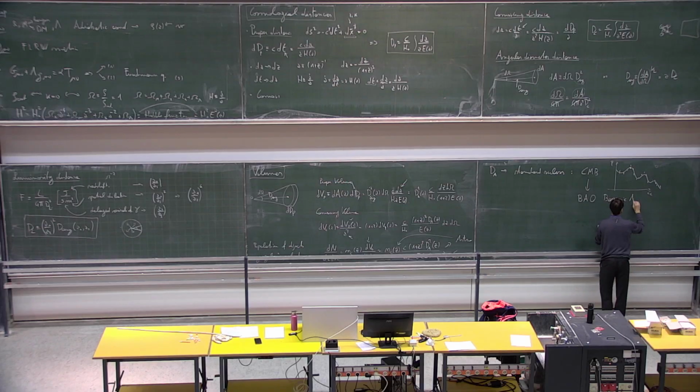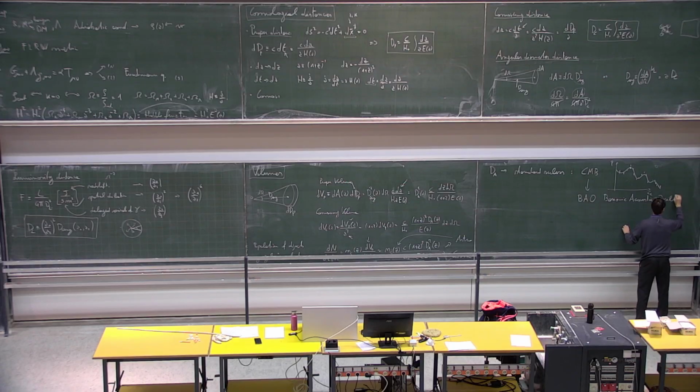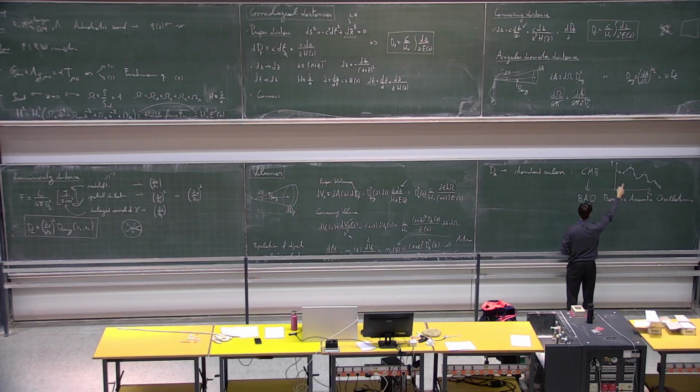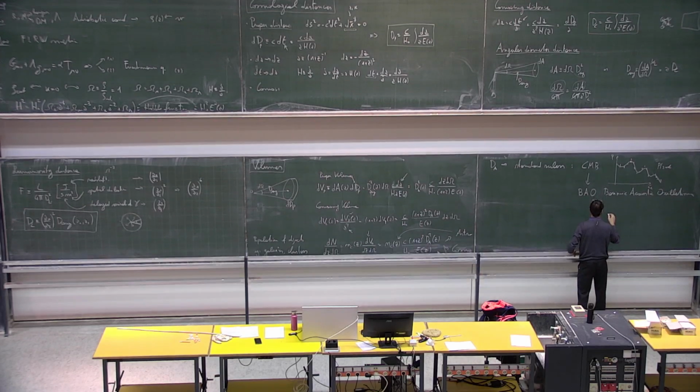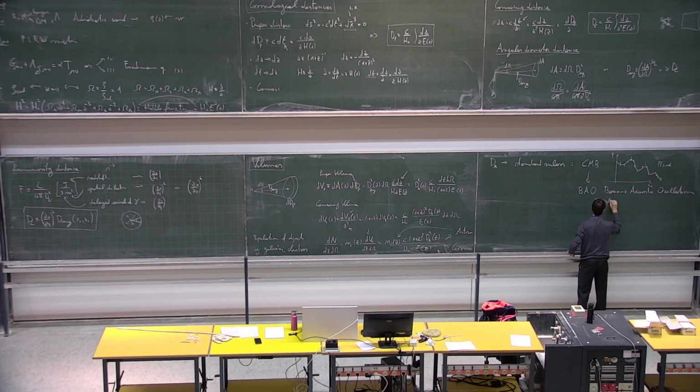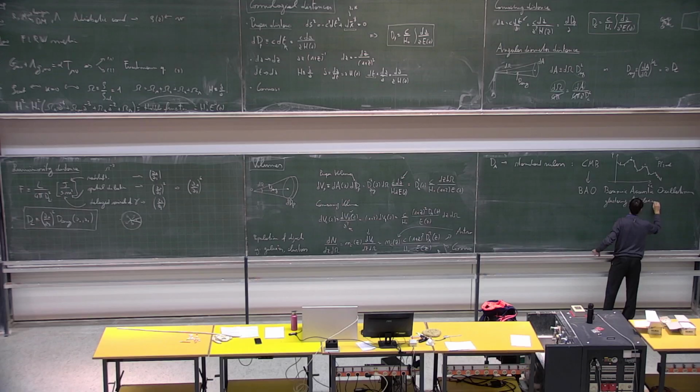Baryonic acoustic oscillations. And the measurements that are done are not with these millimetric observatories, such as, for example, Planck, but are done through clustering measurements of galaxies, of clustering of galaxy clusters.